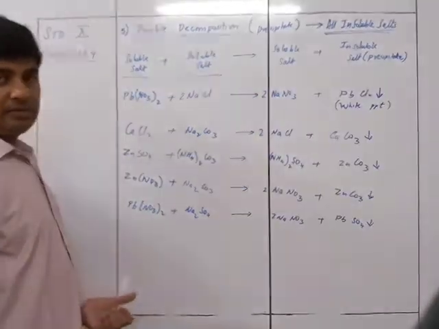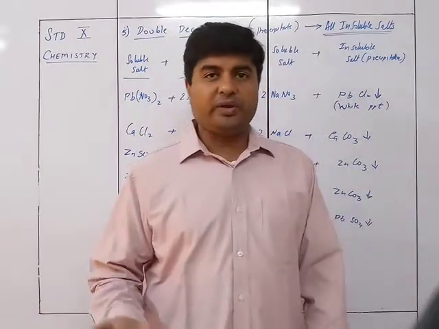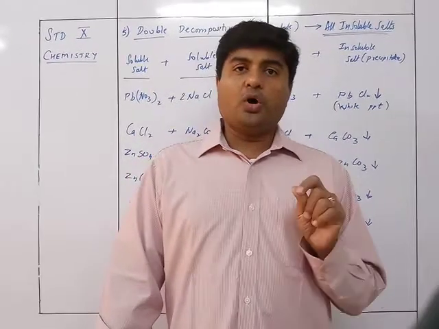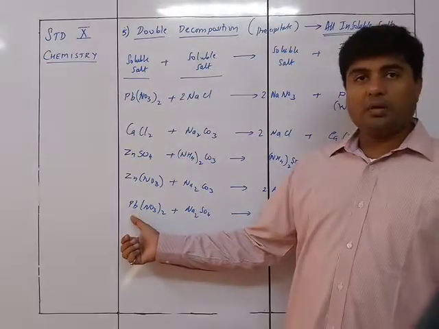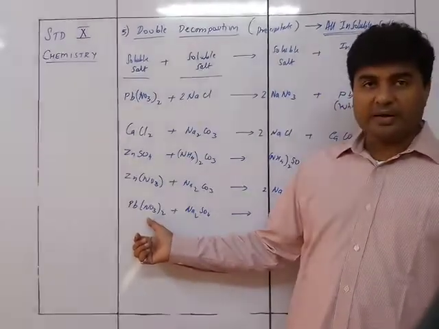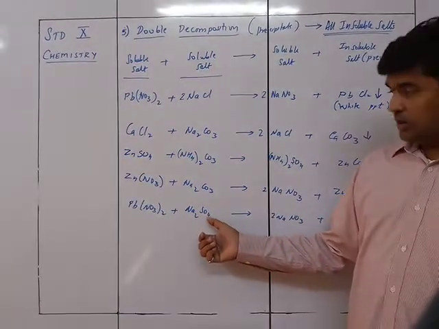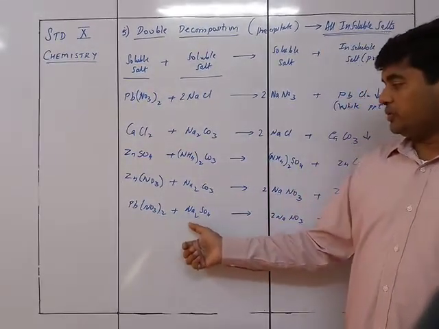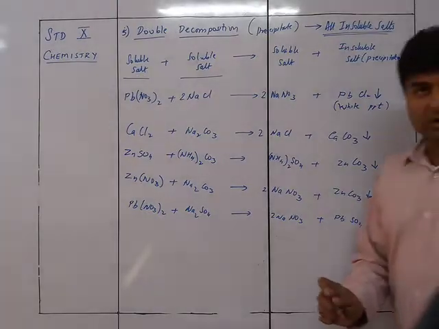It needs a good amount of practice reading many such equations, and you'll come to know how this happens. But the main concept should be very clear in your mind: you are using a weak metal and a strong non-metal to get a strong metal and a weak non-metal. So the weak non-metal will go with the weak metal and the strong non-metal will go to the strong metal, forming a strong and weak kind of salts.